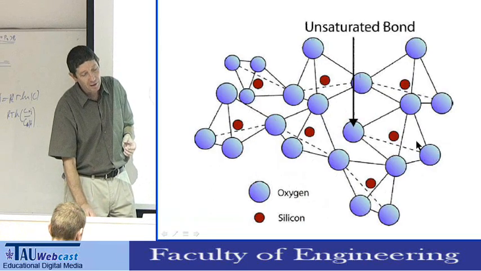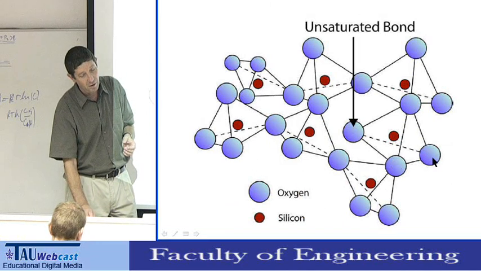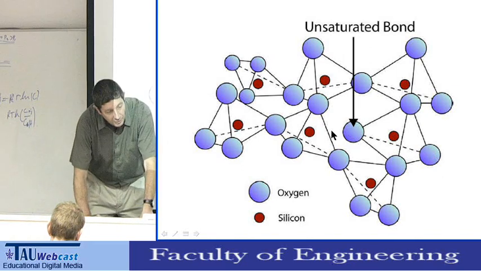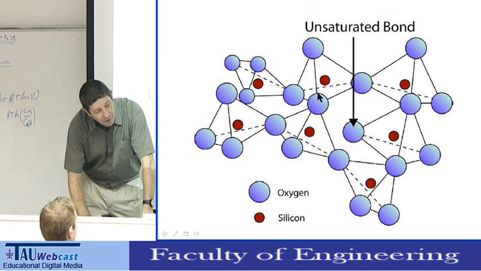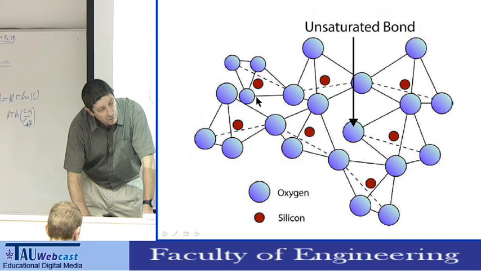Now when you take these tetrahedra, you see this is silicon, and this is the oxygen, and this is the silicon. What you can see here is that every tetrahedral is connected to another tetrahedral by one atom.